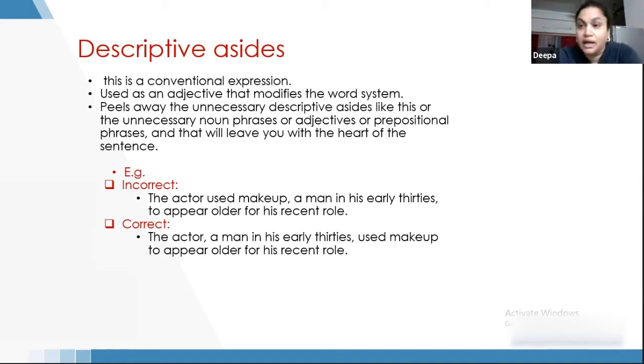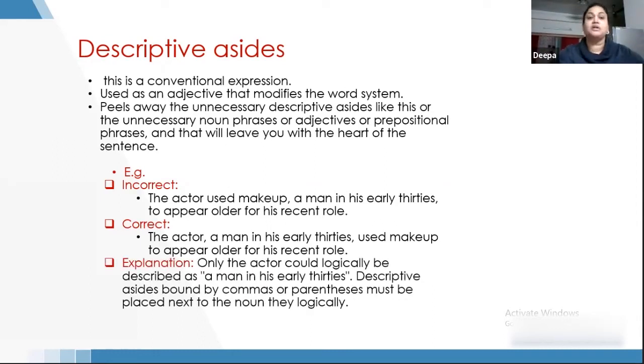Okay, so it's a common rule that any phrase that is used between two commas, even if it is removed, it still does not make any difference to the whole sentence. Clear? Let's explain. Only the actor could logically be described as a man in his early 30s.